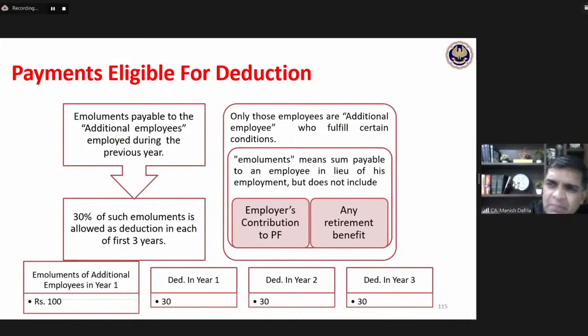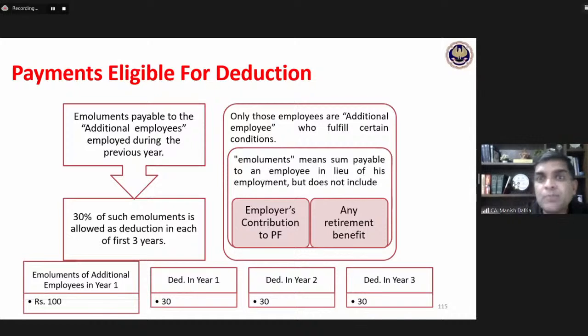Whatever plain, normal, simple salary, wages, emoluments I have paid to these new employees, only for this is the 30% deduction available.